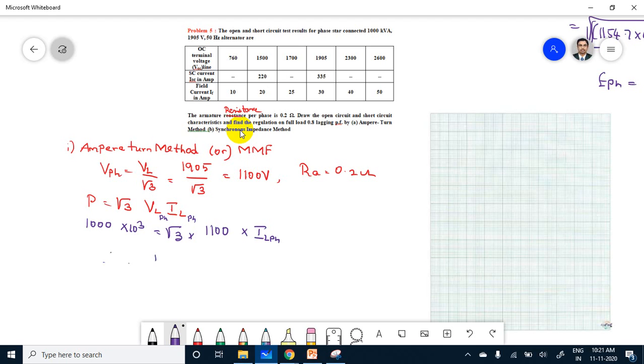So how much is IL phase? This IL phase is nothing but IA phase. In star connected, line current is equal to phase current. So how much is IL from this?